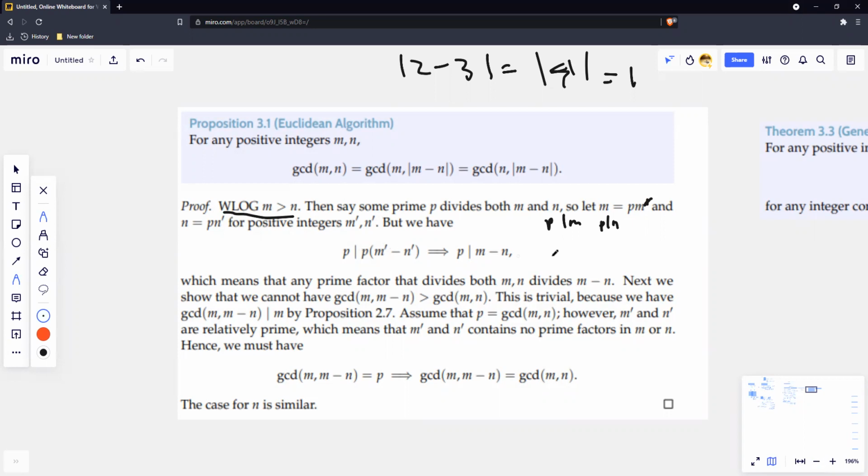But note that we have p is divisible by p times m prime minus p times n prime, because it's actually pretty simple, we are just substituting this. We already said that p is a factor of m and p is a factor of n, so this makes sense. Then we have p is a factor of m minus n.